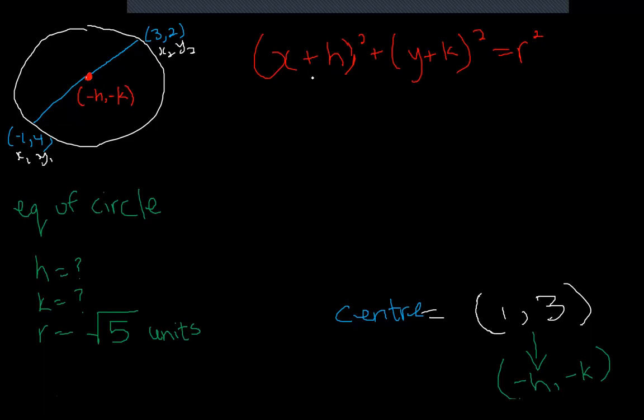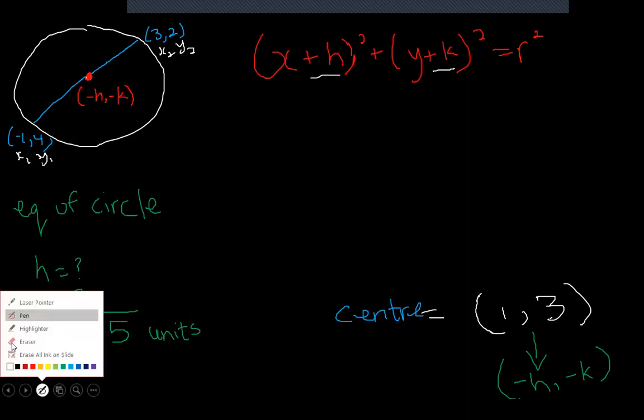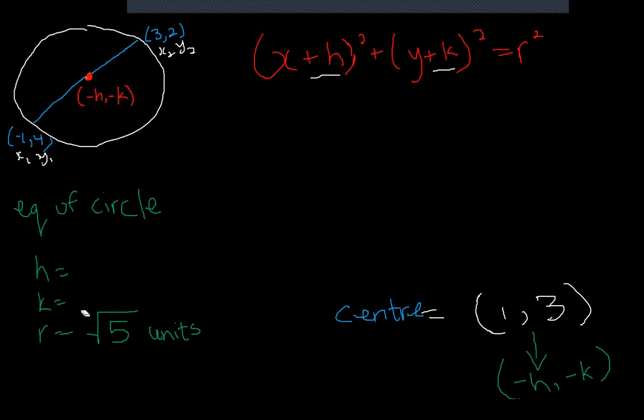This is why we want h and k. Because in the equation, it has h and it has k, not minus h and minus k. So if minus h is equal to 1, that means that h has to be equal to minus 1.